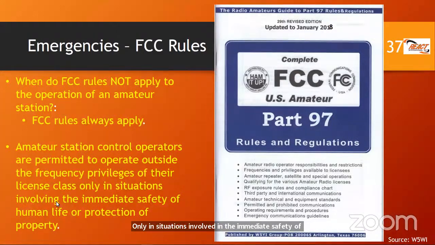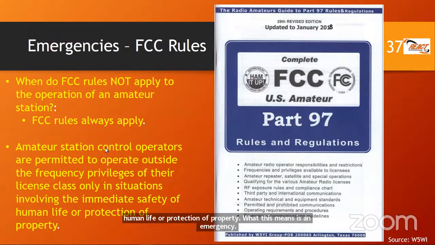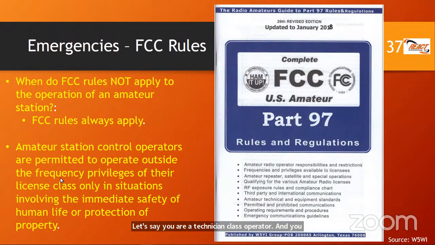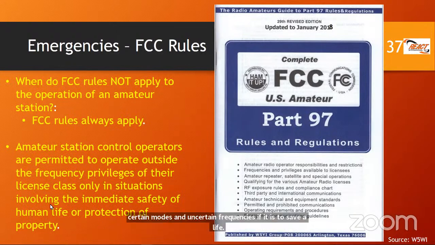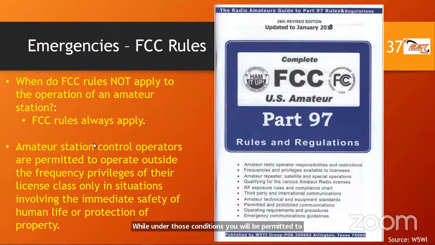What this means is, in an emergency, let's say you are a technician class operator and you need to save a life, then even though your technician class license specifies that you could only operate certain modes and on certain frequencies, if it is to save a life, well, under those conditions, you will be permitted to operate on a frequency that you would not normally be able to as a technician class operator.